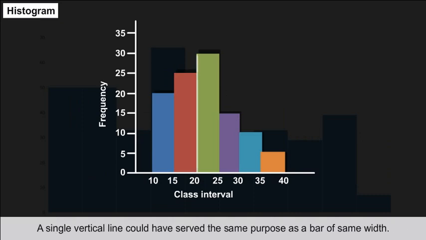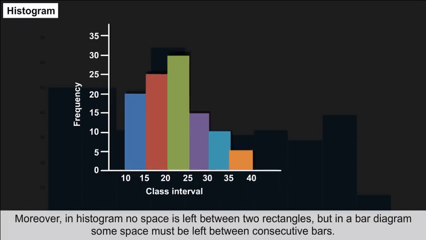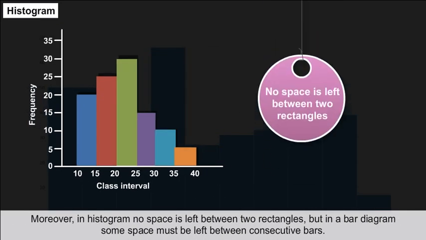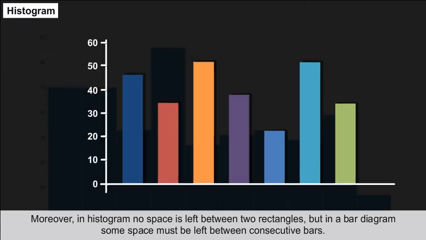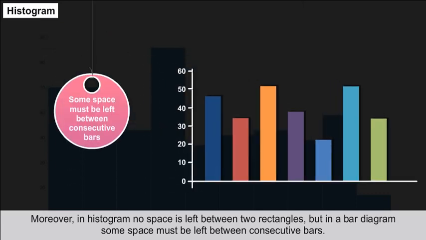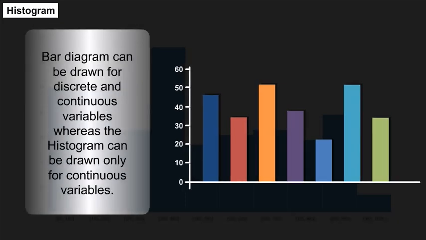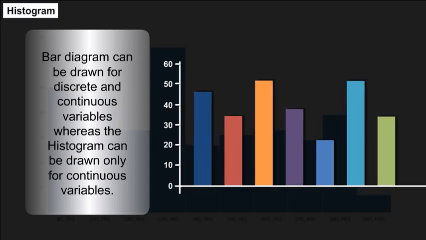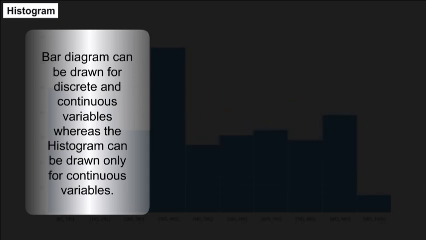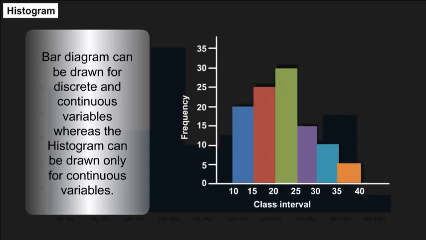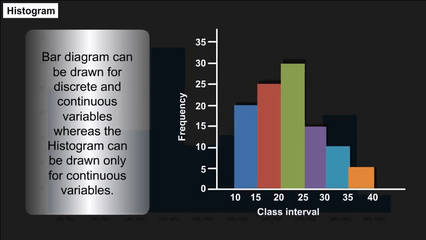A single vertical line could have served the same purpose as a bar of the same width. Moreover, in a histogram, no space is left between two rectangles, but in a bar diagram, some space must be left between consecutive bars. Bar diagrams can be drawn for discrete and continuous variables, whereas the histogram can be drawn only for continuous variables.